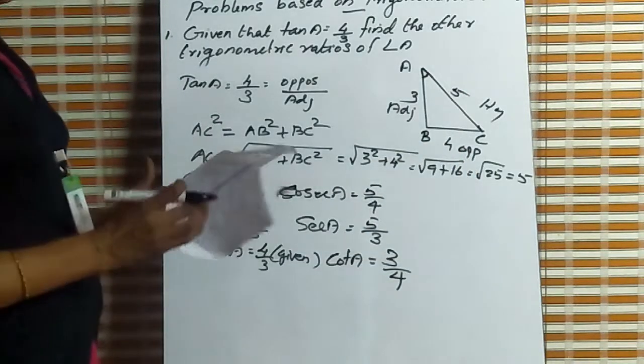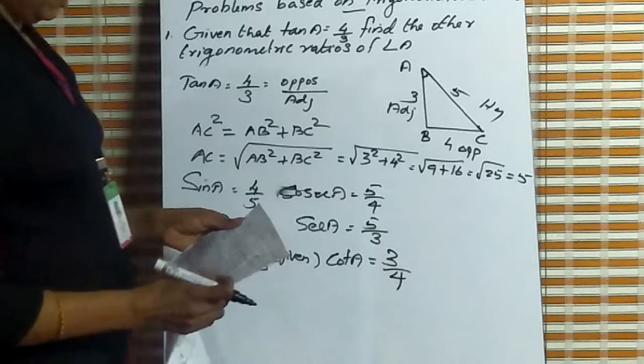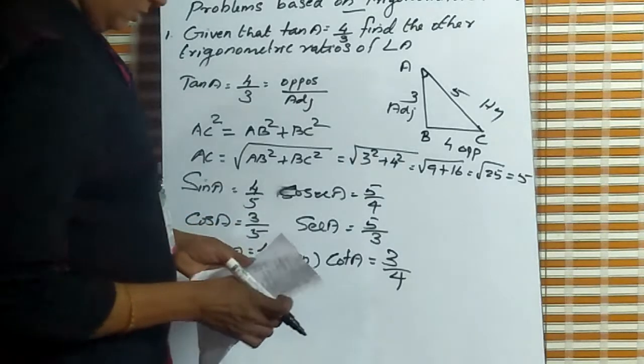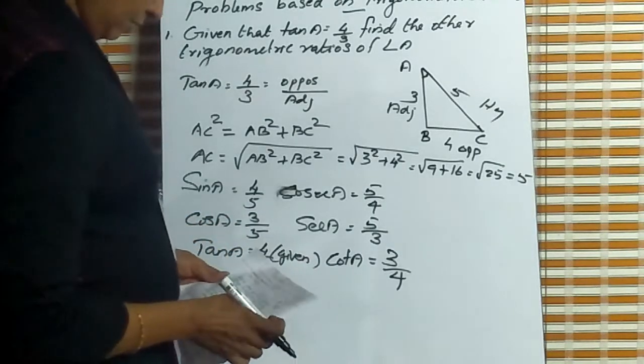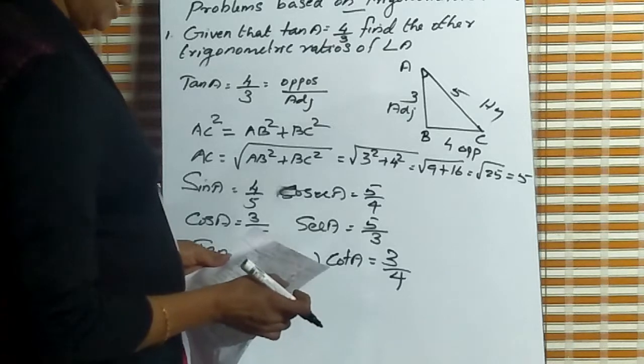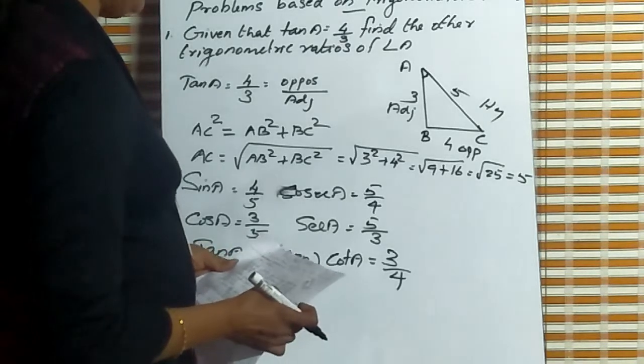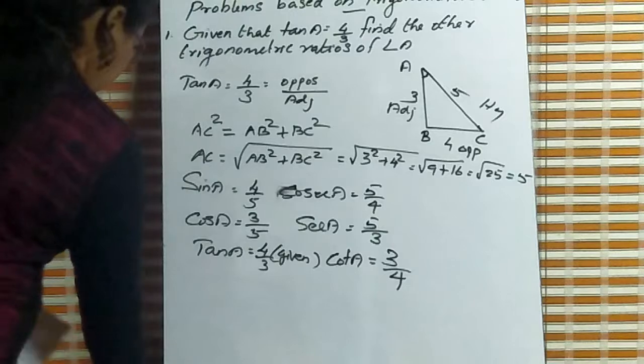These are the 6 trigonometric ratios. Sin A 4 by 5, cos A 3 by 5, tan A 4 by 3, that is given, cosec A 5 by 4, sec A 5 by 3, cot A 3 by 4.